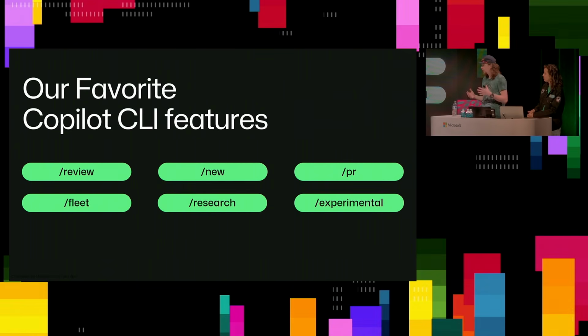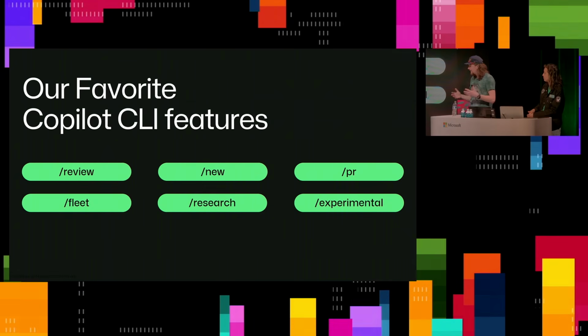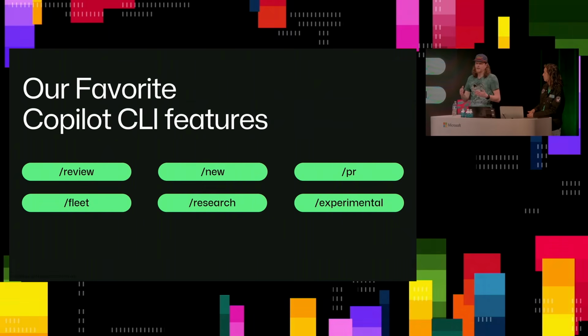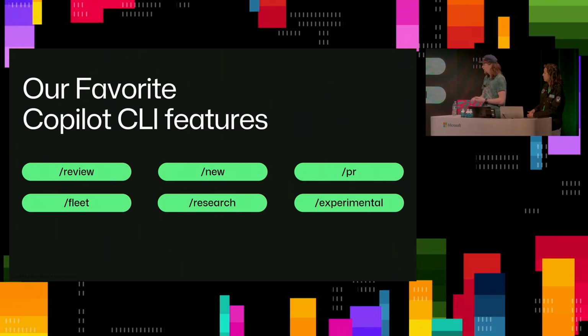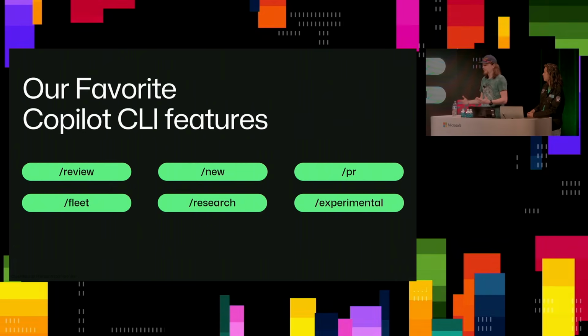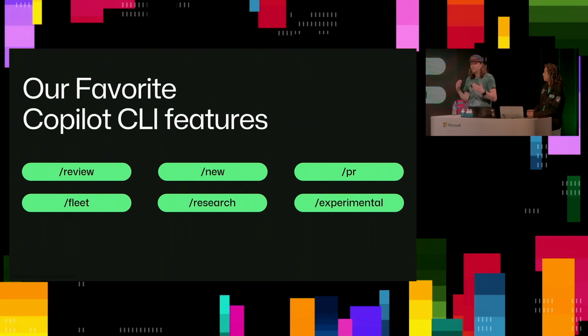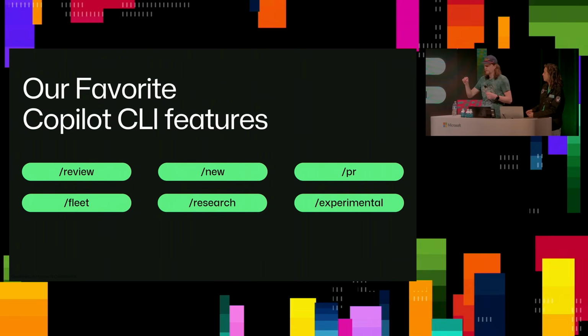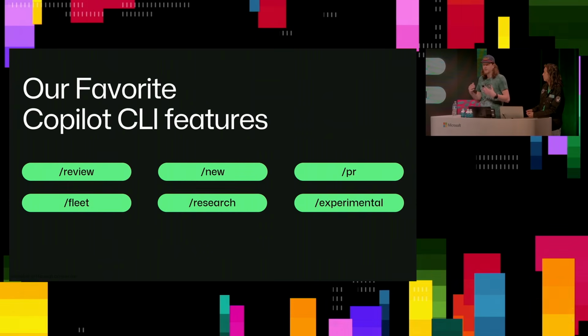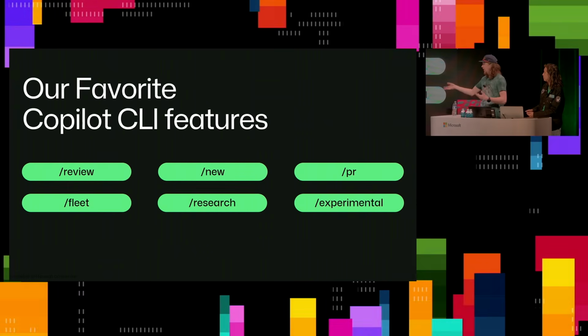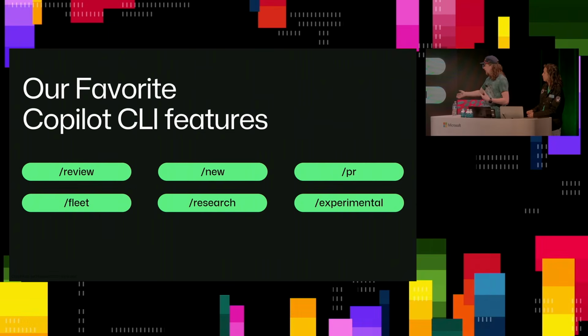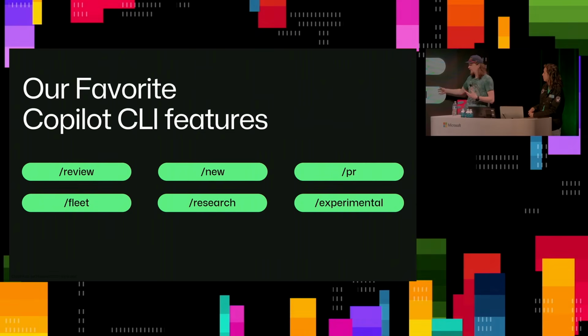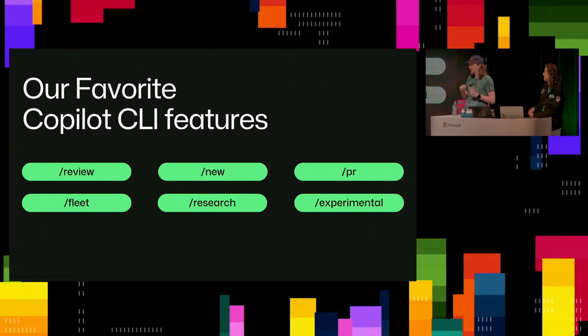And so research will generate an extensive report on a topic. It could be like, hey, what's the best load balancer tech to use in 2026? It'll even provide citations at the bottom of the report. And then it gives you the option at the end to export that to a gist so you can share it with your coworkers.